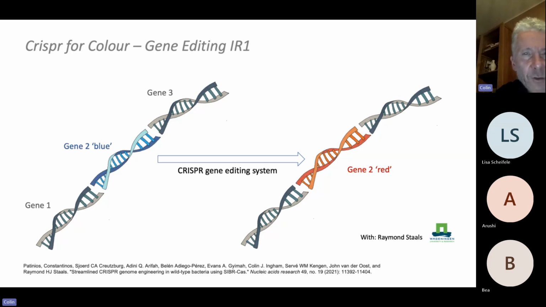We can use the CRISPR gene editing system to do that. Many thanks to Raymond Staals, a well-known CRISPR group at Wageningen University in the Netherlands. They helped us build the tools to do this more specific genetic engineering. So this is possible.